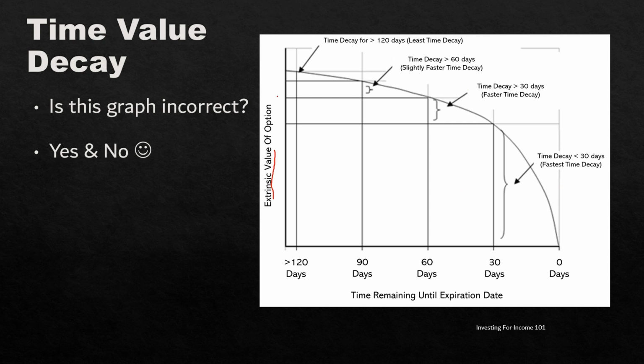As the option nears expiration, it comes all the way to zero. Now, for us, it's interesting how the time value decays. When there is a lot of time left till expiration, the decay is slow. As the option nears expiration, the decay is faster and faster. And finally, just a few days or a few weeks before expiration, the decay of the time value is much, much faster.